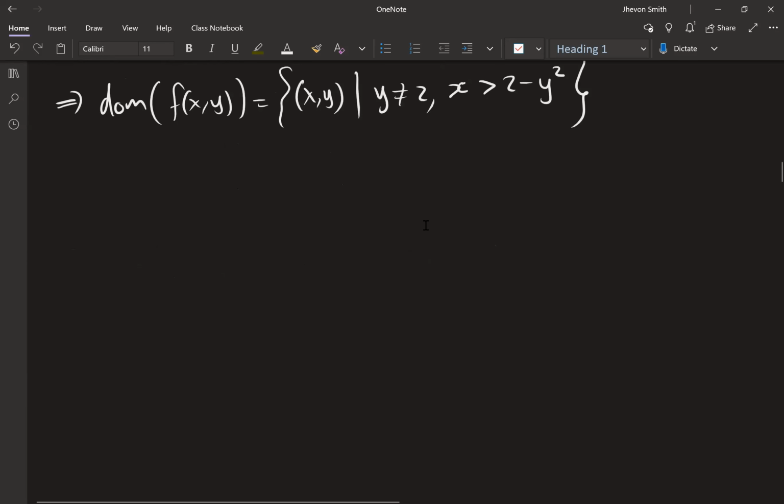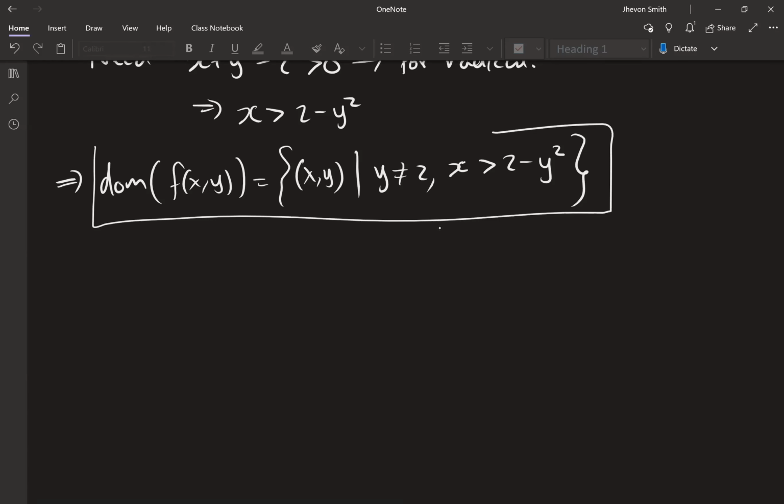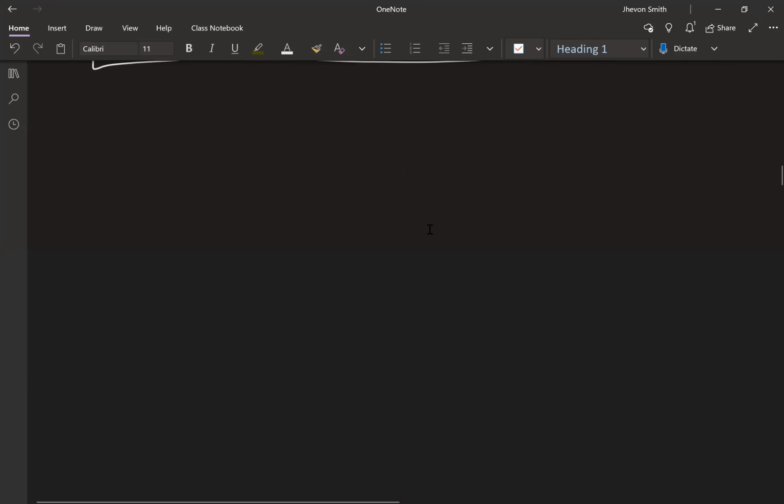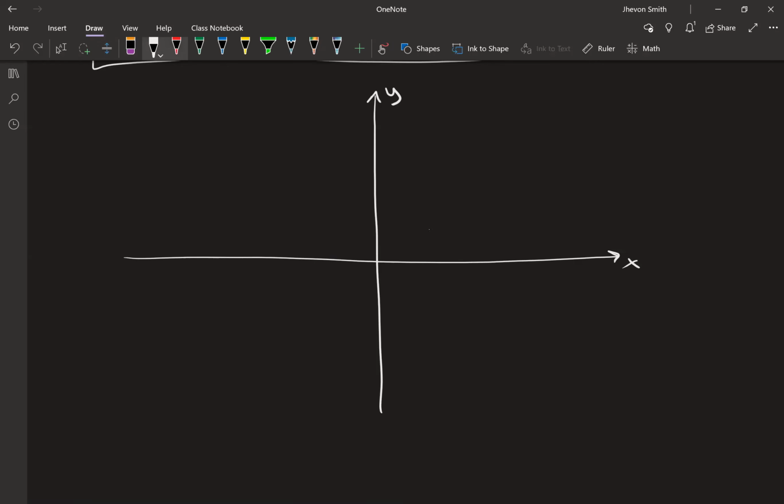Okay, so now you might wonder what that would look like. So let's see. So here you're in the xy plane. You know you cannot have y equals 2.